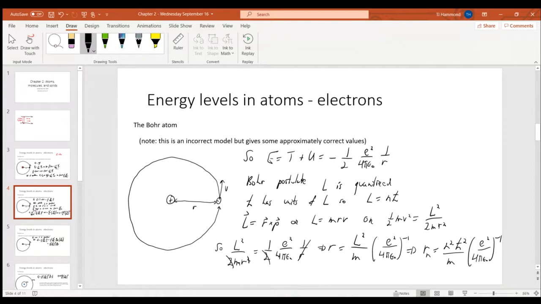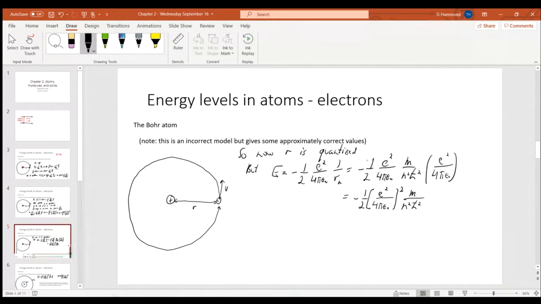But what this is telling us is that r, this distance from the electron to the proton, is going to be quantized, and its distance is proportional to n squared. So r is now quantized, and you plug that back into the energy equation, where the energy is negative 1/2 e squared over 4 pi epsilon naught 1 over r, and put a little subscript n since it's quantized by n.